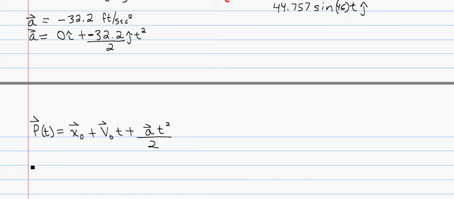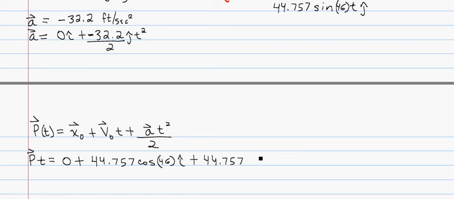So the position at any time is equal to our x naught, which was the 0 vector, plus v naught, which is 44.757 times cosine of 46 degrees times the i vector, plus 44.757 times sine of 46 degrees times the j unit vector.